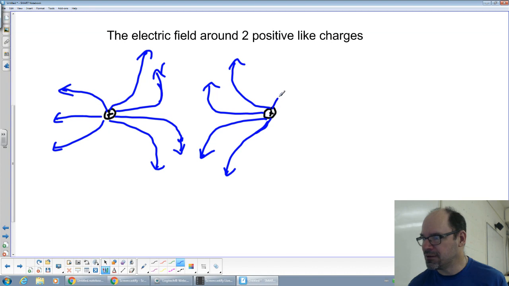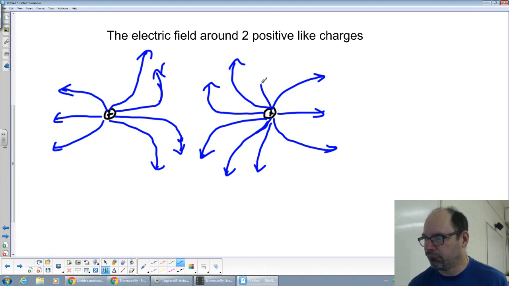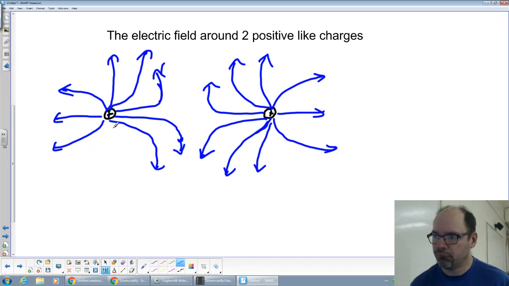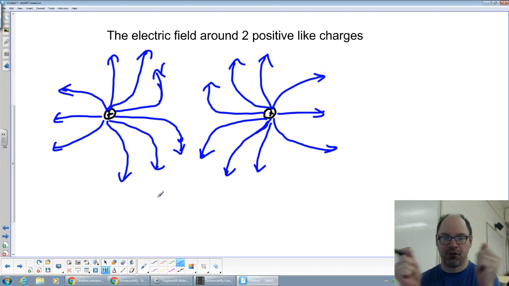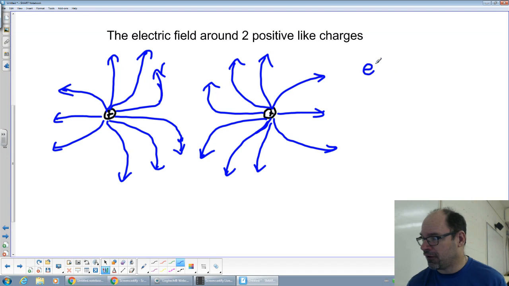These ones look the same. So they're repelling each other, those two positive charges, when you try to push them together. You're getting this kind of electric field in between the two, and out here we have that kind of electric field. So those are electric field lines again.